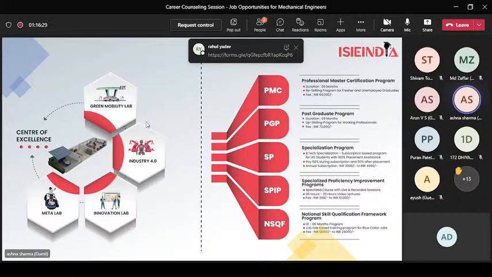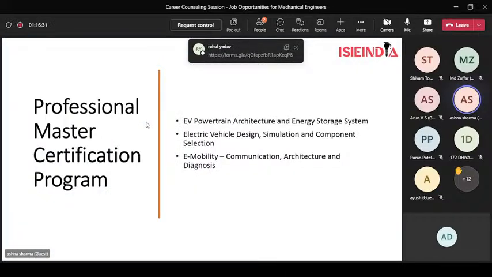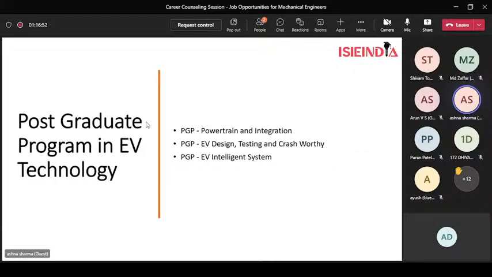For deep knowledge, the Professional Master Certification Program, which we categorize in 3 parts: EV powertrain architectures and energy storage system; second, electric vehicle design, simulation, and component selection; and e-mobility communication, architectures, and diagnosis, for engineering students and post-graduation students also.